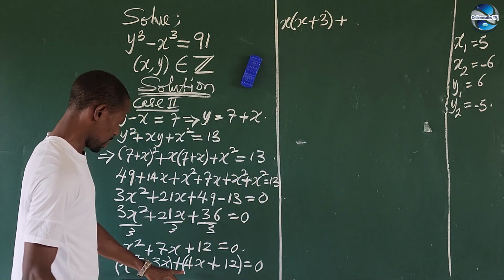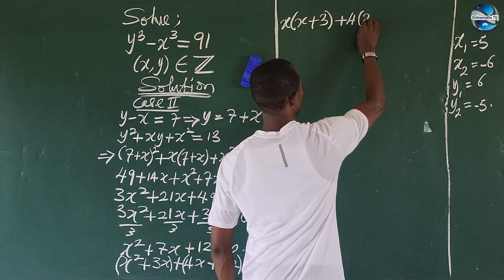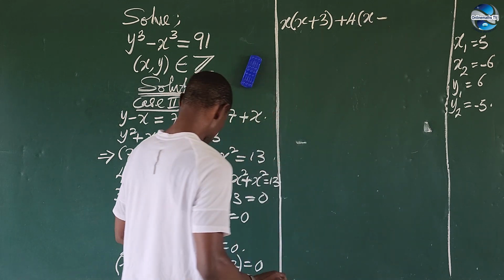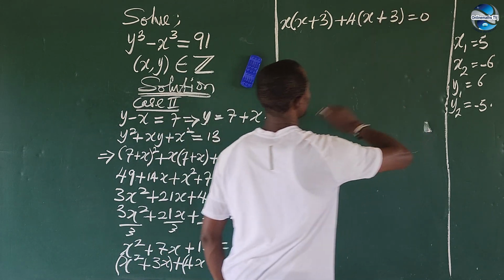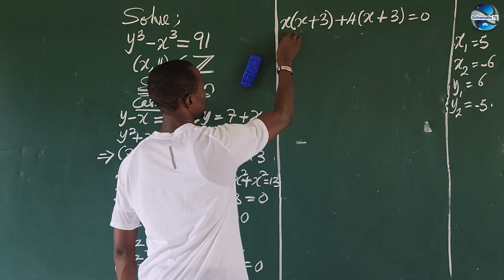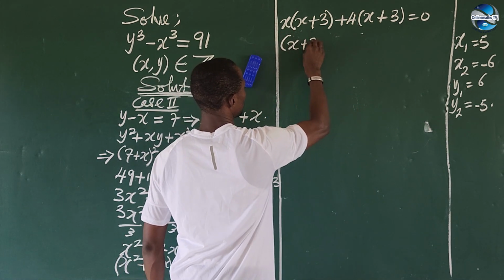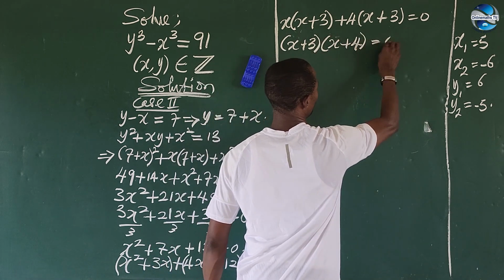The plus here, 4 is common here. So we're going to have 4 in brackets, we have x left, and here 3. Everything equal to 0. So again, we take one of these and take this outside. So we now have x plus 3, bracket x plus 4, everything equal to 0.